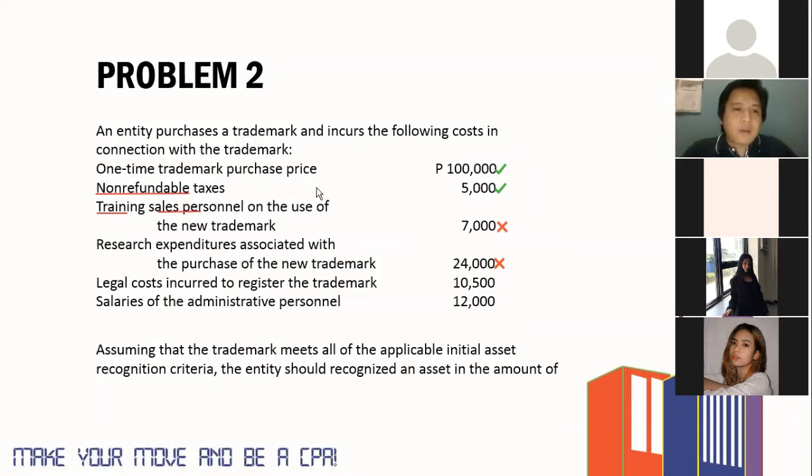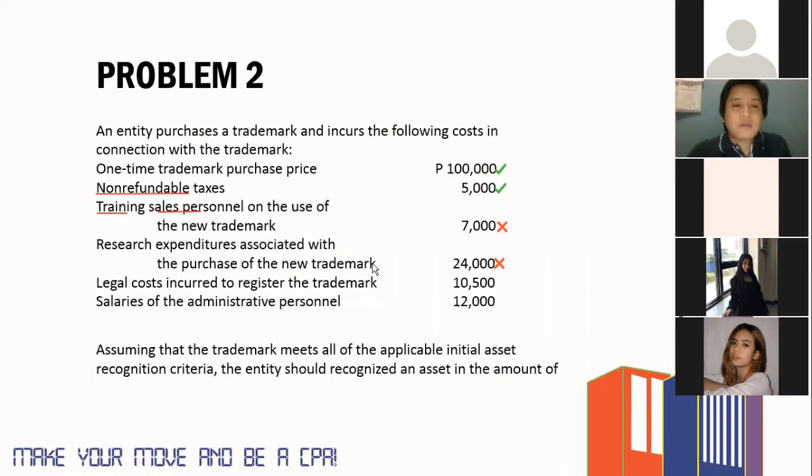Okay. How about the legal costs incurred to register the trademark? Okay. When we register the trademark, we have to pay sums of money, let's say sa Intellectual Property Right Office, or kung ano man office who facilitates the legalization of the trademark. Kapag sinabi natin we register it, ibig sabihin, we have the right to use and to give authorization to use a certain trademark, patent, or whatever intangible assets that we may have.